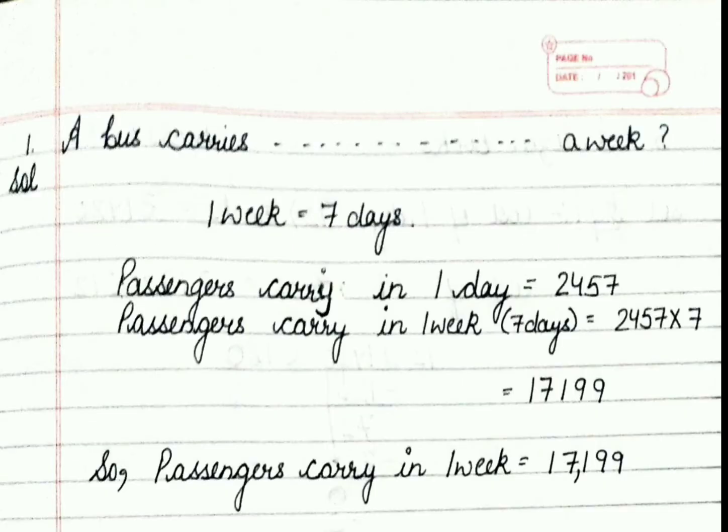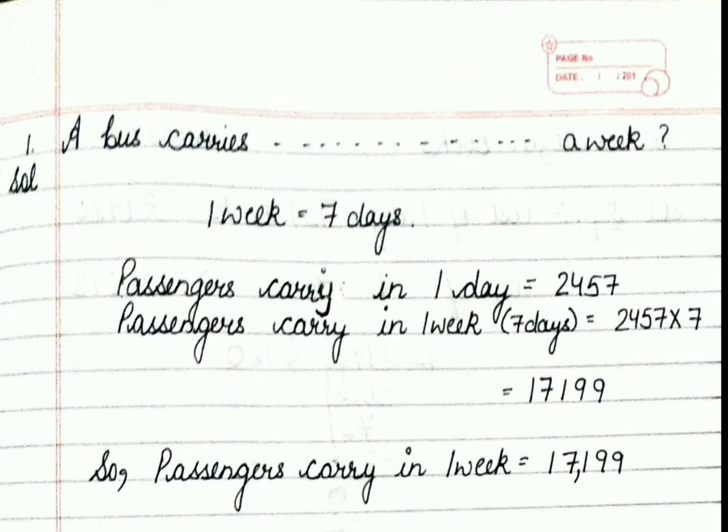Firstly, we have converted 1 week equals 7 days. And you have to write in your maths copy in this manner. A bus carries passengers a week. Then 1 week is equal to 7 days. Clear? Then passengers carried in 1 day is equal to 2457. This is given. Then you write passengers carried in 1 week. 1 week means 7 days.